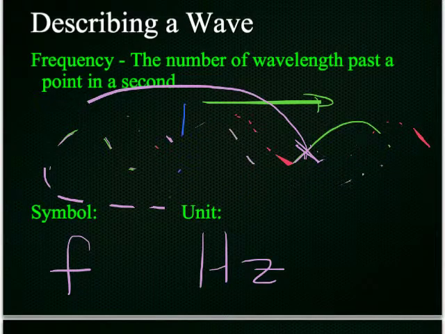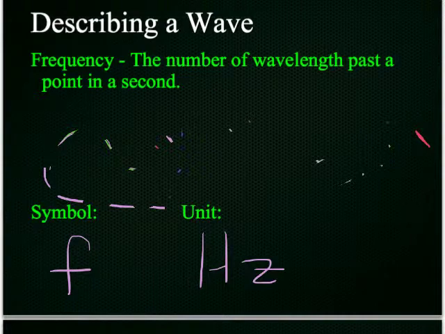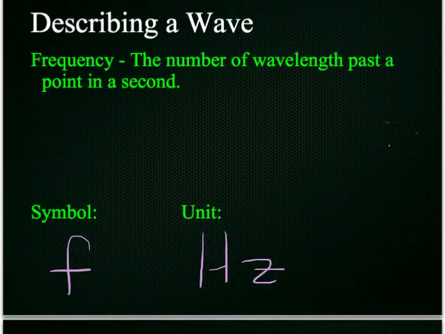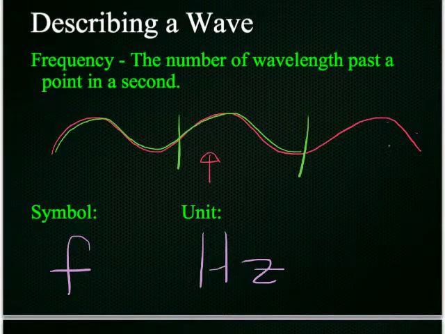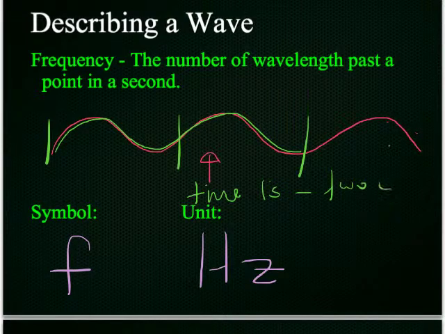So probably an easy way to show this could be a point, and you could have a wave, and then we'll just colour in part of the wave, and we could say we have a time of 1 second, 2 waves, and that equals 2 Hertz, something like that.